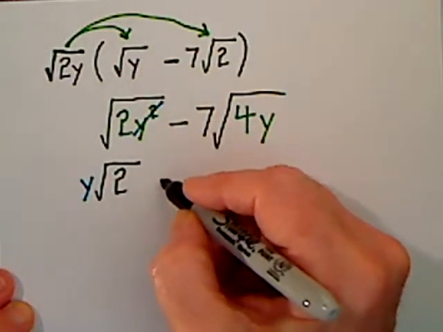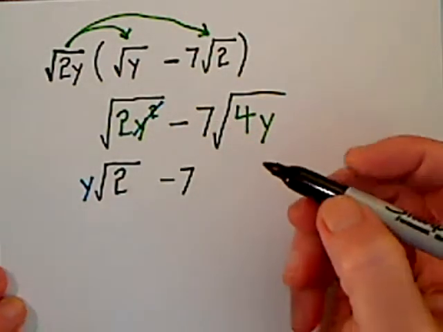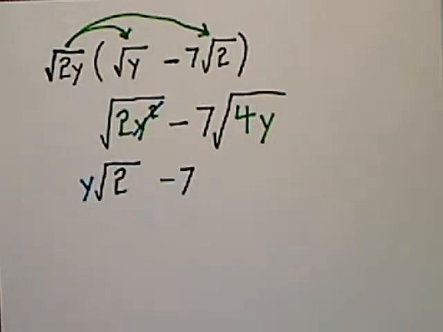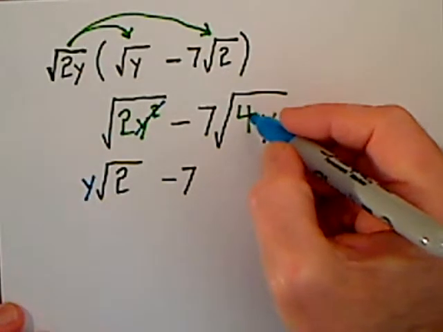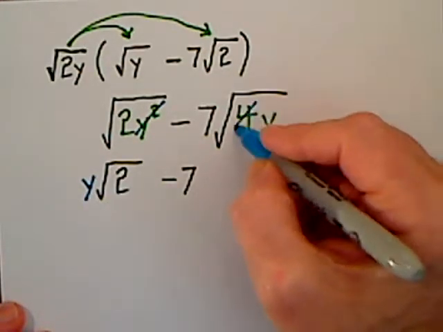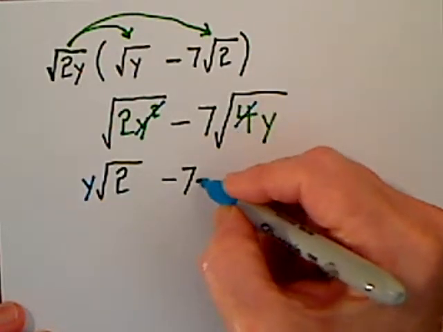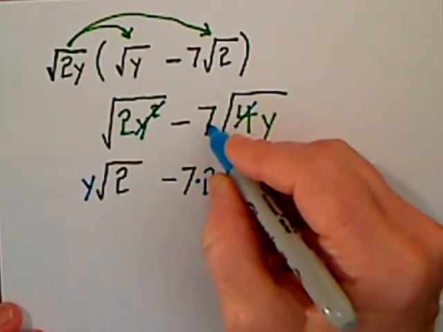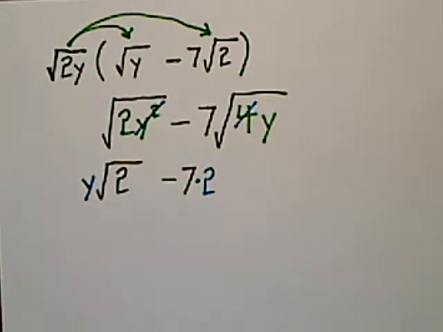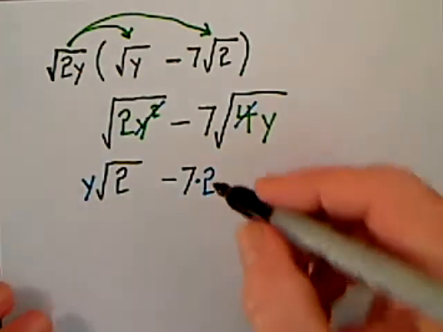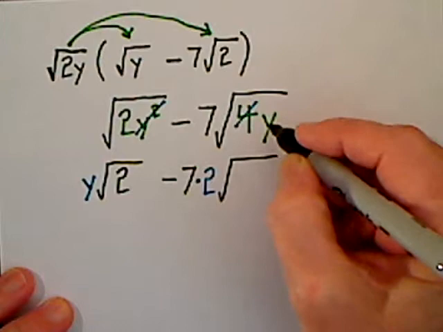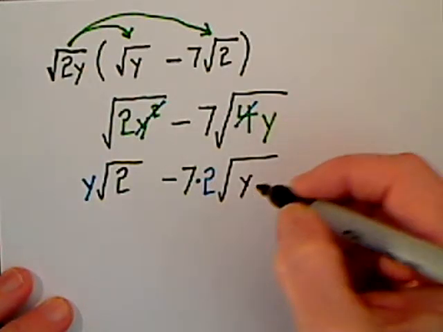And over here we have minus 7. And 4 is a perfect square. The square root of 4 is 2. You would multiply that with anything in front of the radical sign. And this y is trapped.